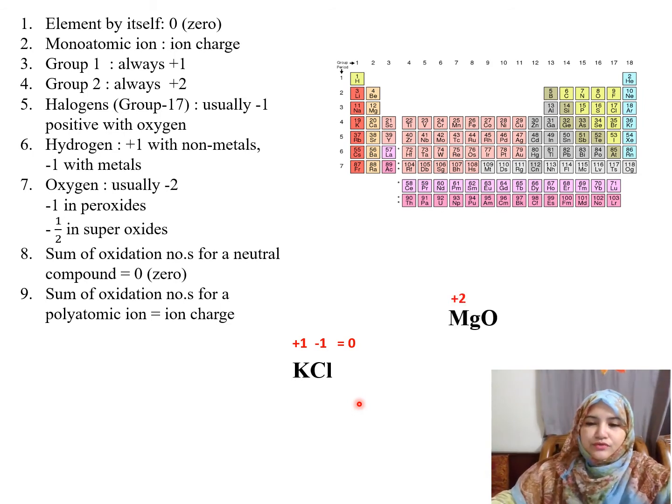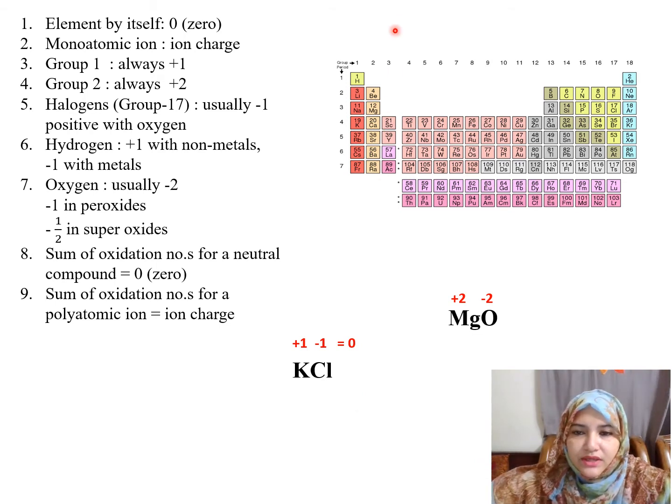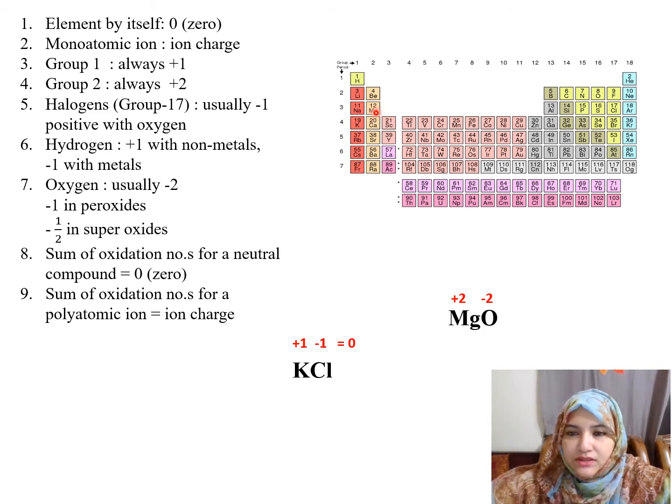And now for our next compound, which is magnesium oxide. For magnesium oxide, magnesium is in this column of the periodic table, group 2.